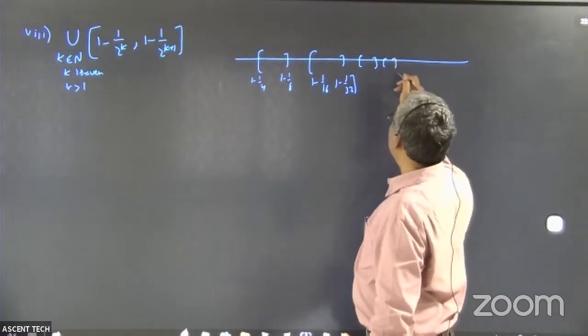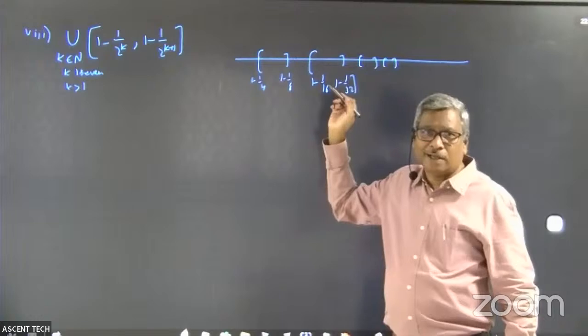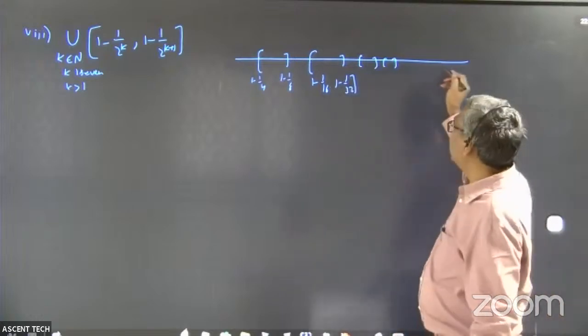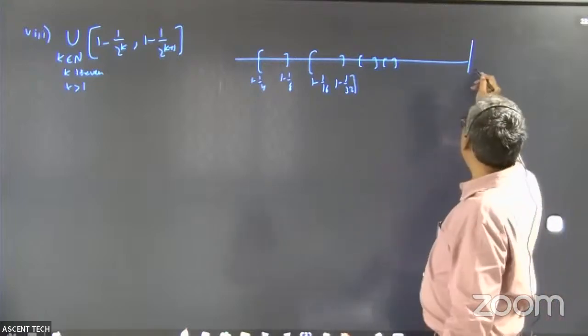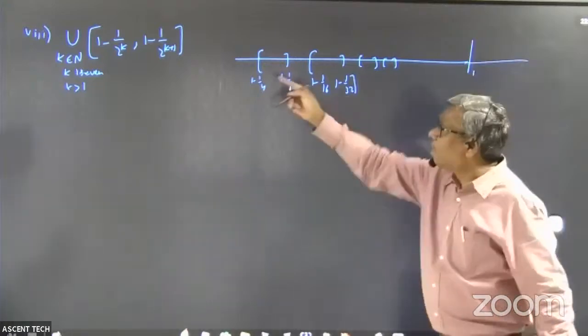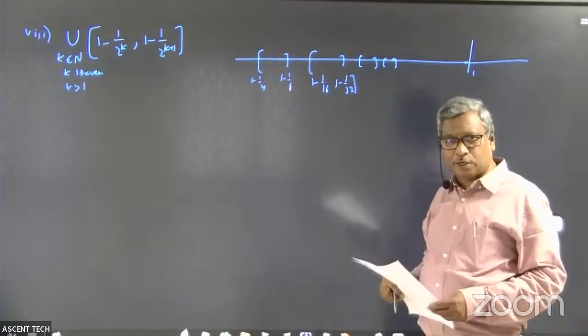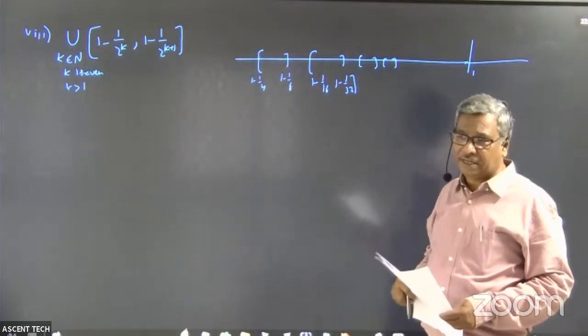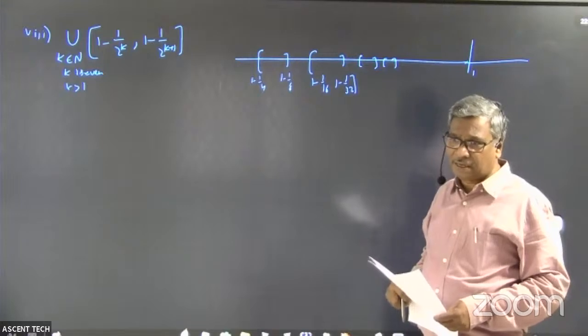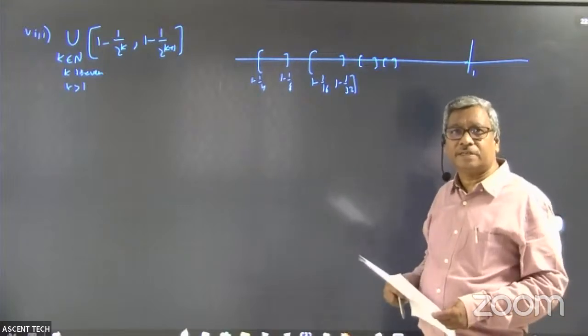I cannot really show them all, and so on. One is somewhere out here. Now, what about this arbitrary union? Each is a closed set, but an arbitrary union need not be a closed set.